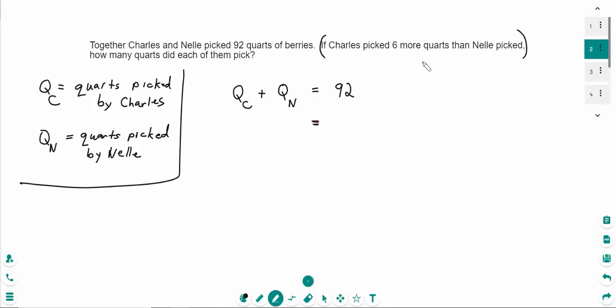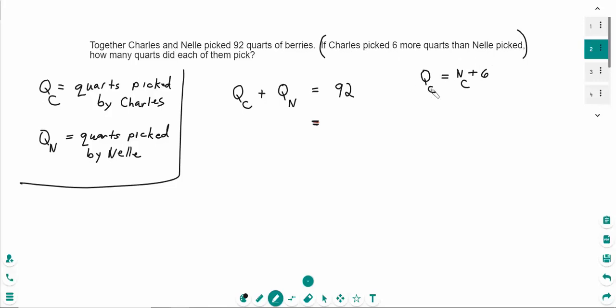So how could we describe Charles's quarts? Well, his quarts are equal to Nell's quarts plus 6, because Charles picked 6 more than Nell.